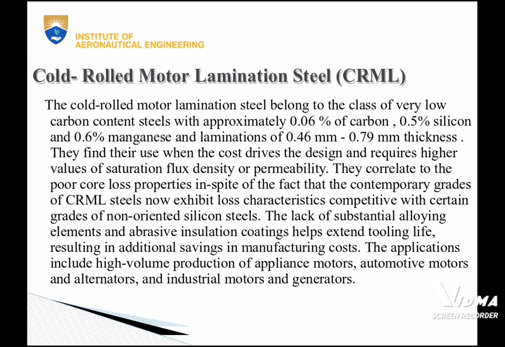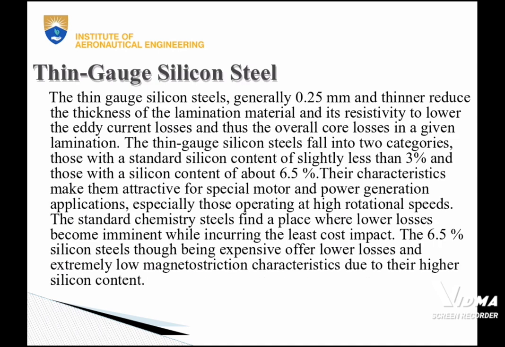The lack of substantial alloying elements and abrasive insulation coating helps extend tooling life, resulting in additional savings in manufacturing cost. The applications include high volume production of appliance motors, automotive motors, alternators, and industrial motors and generators.